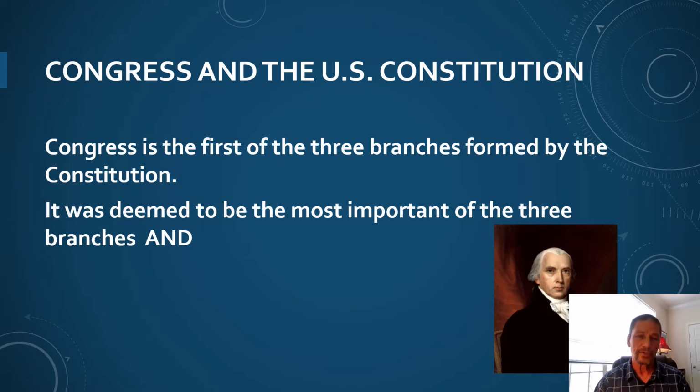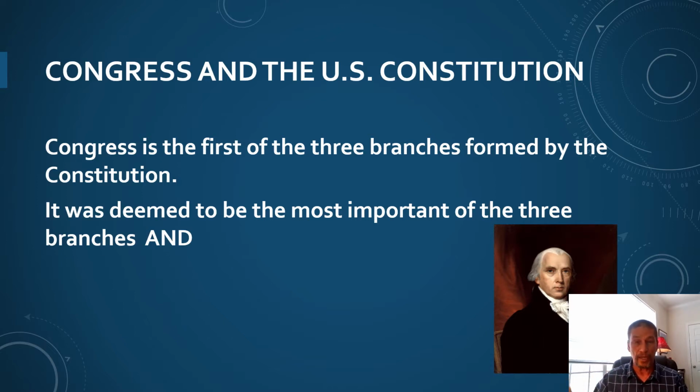James Madison wrote in 1778, right after the U.S. Constitution was drafted, but before it was ratified, that in a Republican form of government, it's only natural that the legislative branch, the lawmaking branch, be the dominant branch, the most powerful branch. It all starts there.